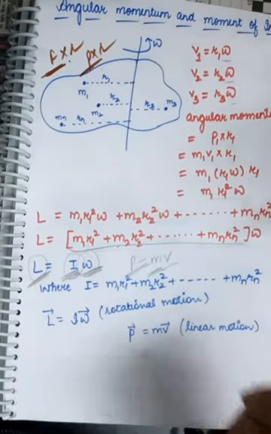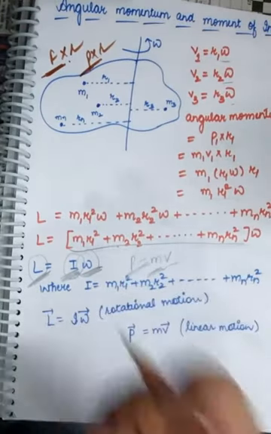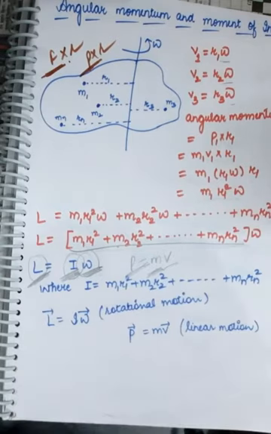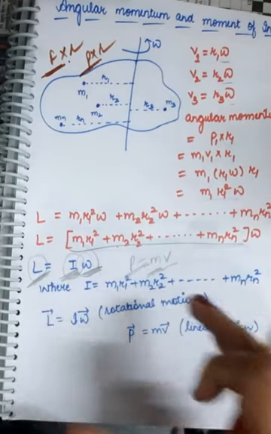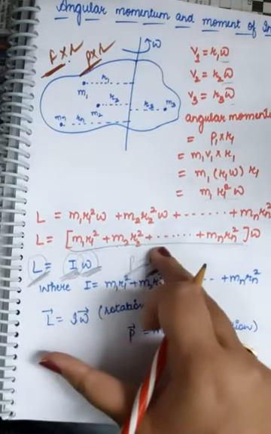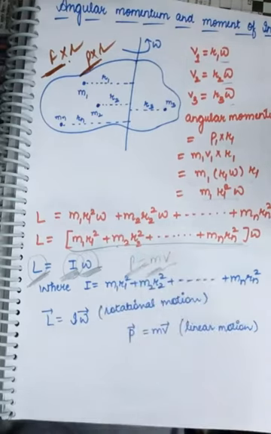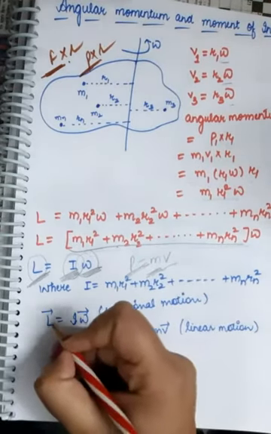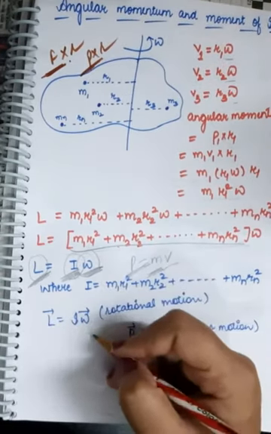So yes, this relation is completely analogous to this. Analogous means this relation plays the same role in rotational motion as this relation plays in linear motion. If you want to write it in vector form, then L is written as L vector and omega is written as omega vector.